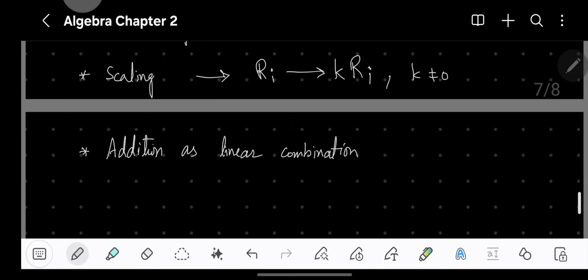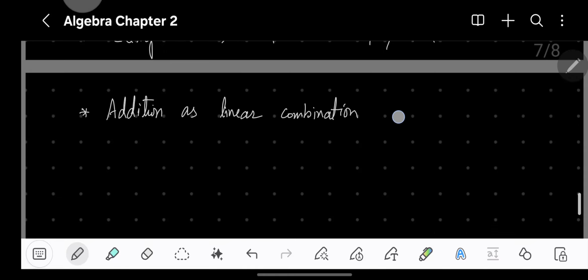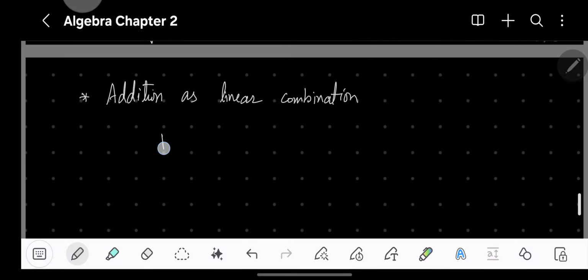What is meant by addition or linear combination? If you have two rows Ri and Rj, then you can add them as a linear combination. How? You can do Ri plus some scalar k times Rj.